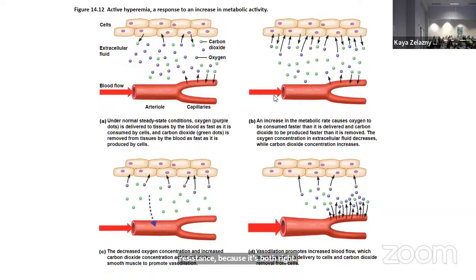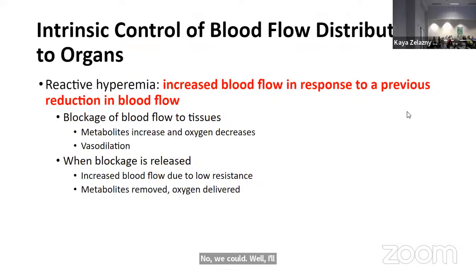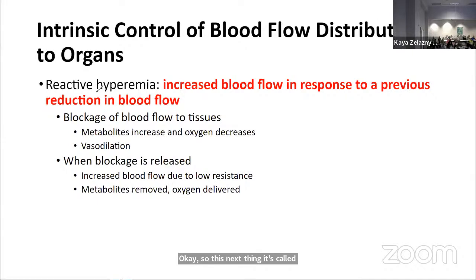Now, we'll talk next about a similar thing that happens if blood flow gets interrupted to tissue. This next thing is called reactive hyperemia. So we still have the hyperemia.